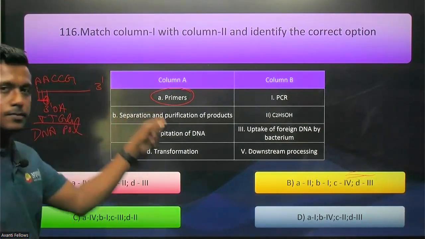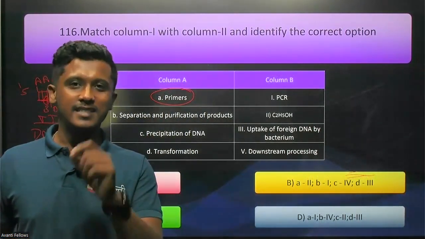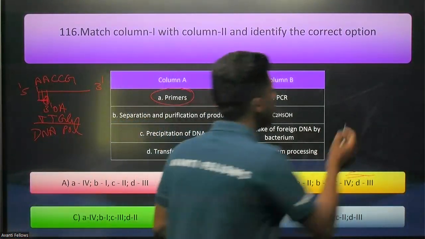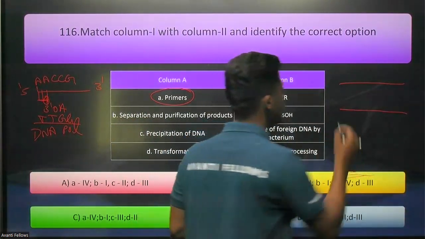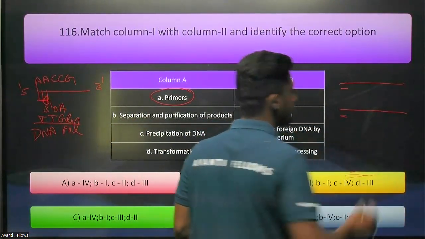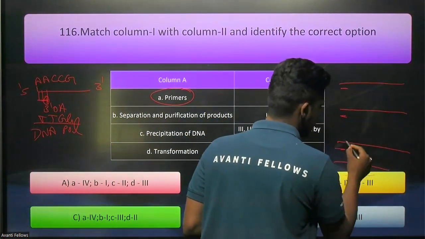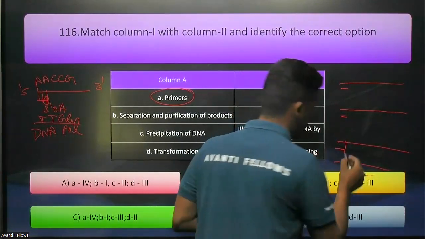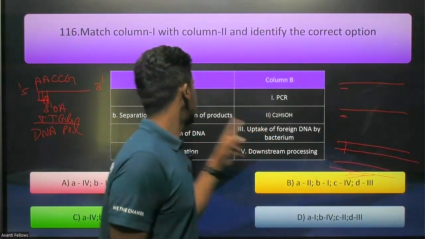So these are called primers. Where do we use primers? We use primers in the polymerase chain reaction. After denaturation, during the annealing process, we add artificial primers, and in the extension process they will be used by your DNA polymerase to create a new daughter strand. So that is the PCR reaction.